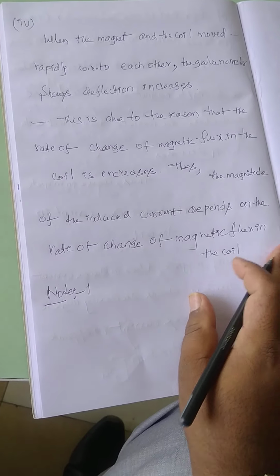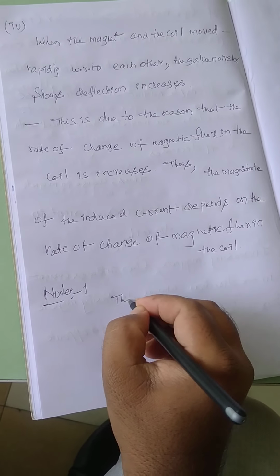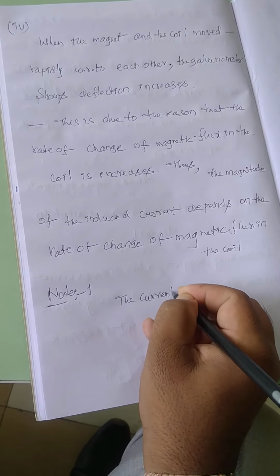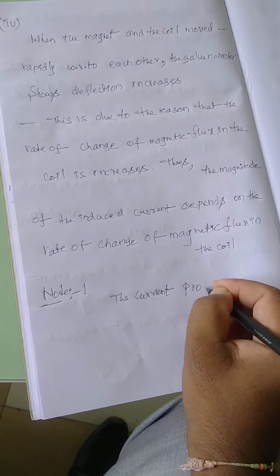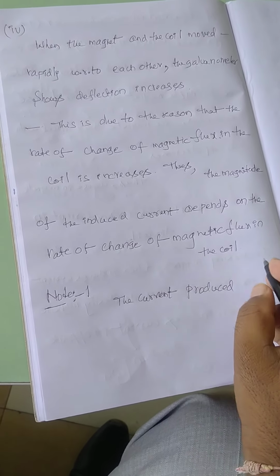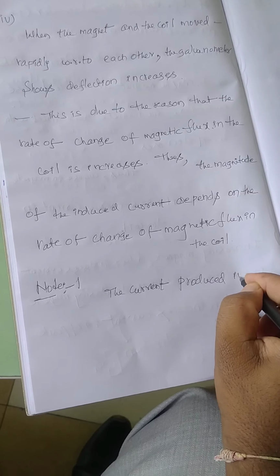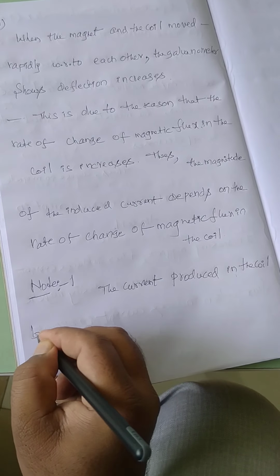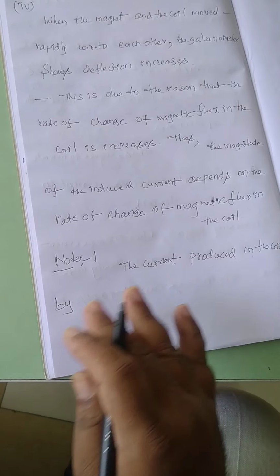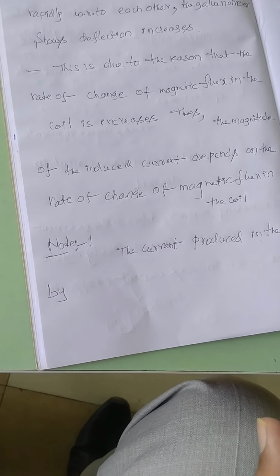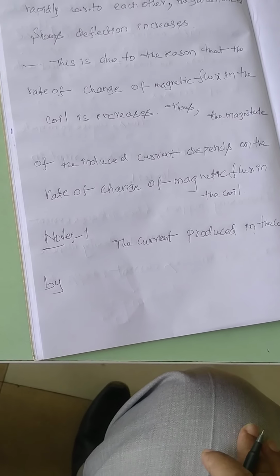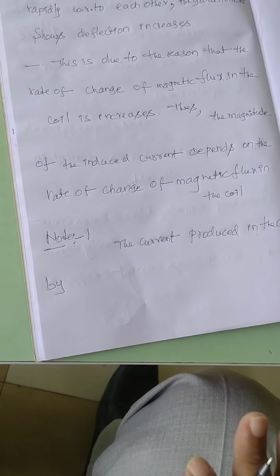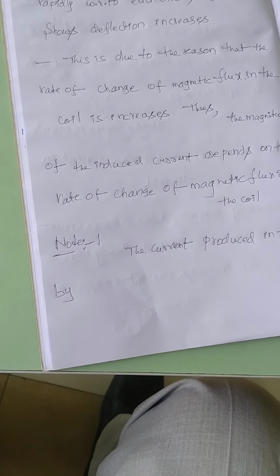So, next note point. Note 1: the current produced in the coil by changing magnetic flux. If the magnetic flux is constant, there is no current produced in the coil. If there is a change in magnetic flux, then only current is produced in the coil. I hope everyone understood that point. That is the main theme of this explanation.